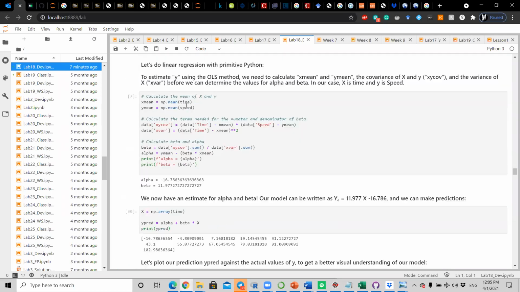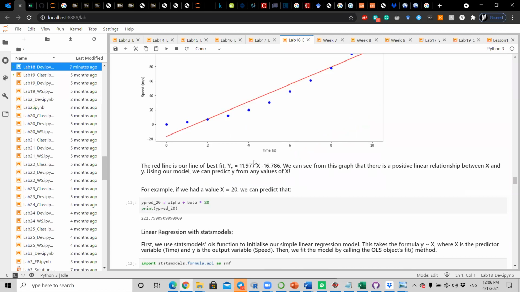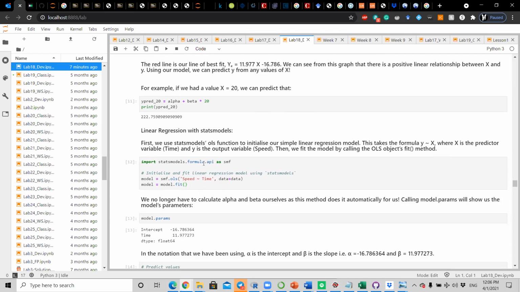Now, we don't really have to go through all this for linear regression. We can actually use the stats model and use the OLS method built in to very quickly fit our input and output data and get the parameters, get the alpha and beta.